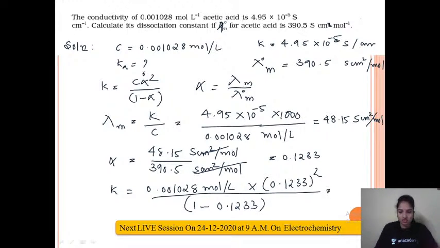If you solve this, square this, subtract, multiply and divide, what you get is 1.78 into 10 raised to minus 5 mole per liter. If you're not able to convert it into exponential form, it is okay, but you should know how to convert anything into a particular exponential form.